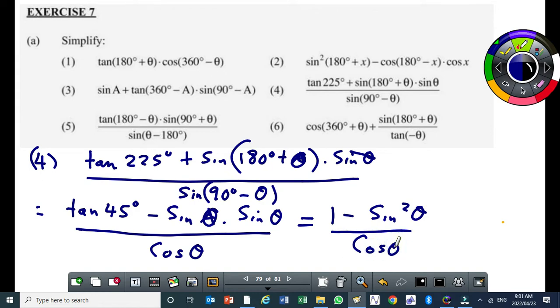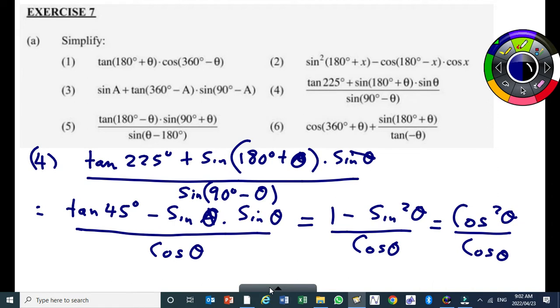Right? Then, from the fundamental identity number 2, 1 minus sine squared theta is equivalent to cos squared theta. So this will be equal to cos squared theta all over cos theta. So the final answer is going to be cos theta. Okay?